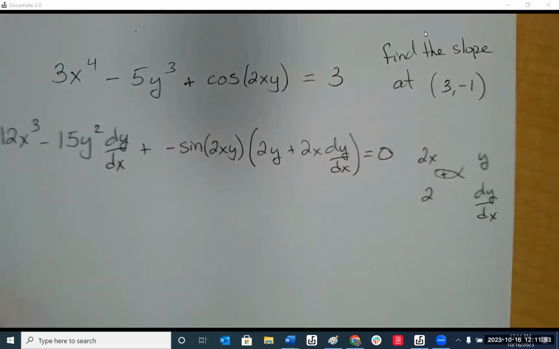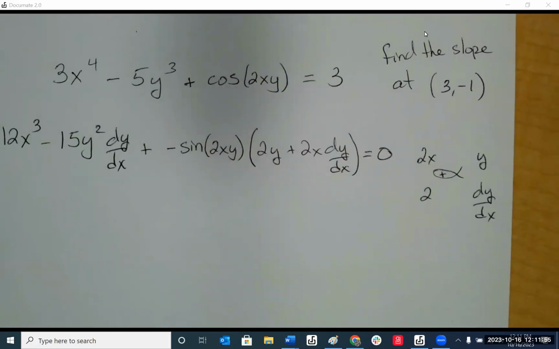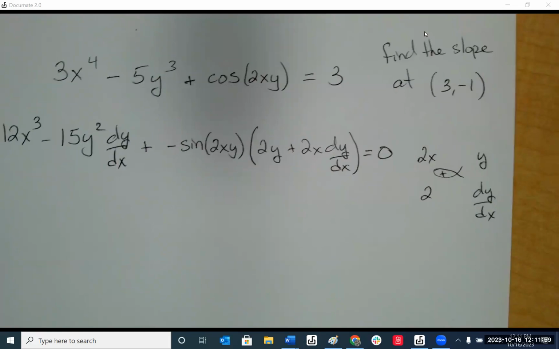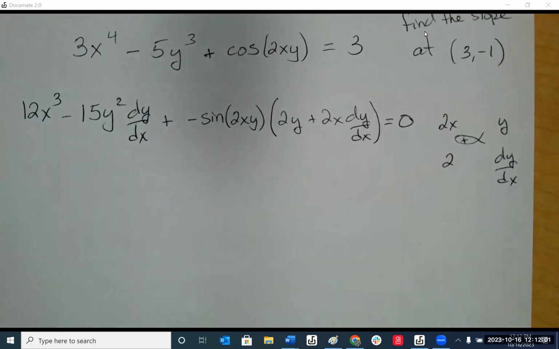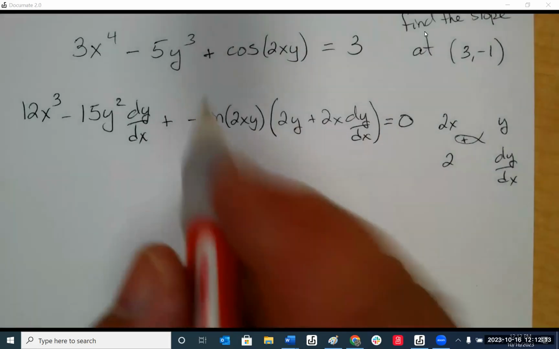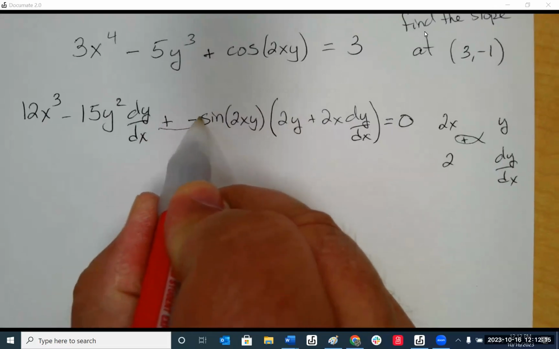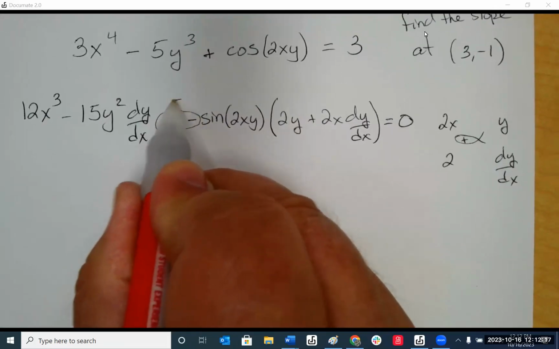Equals 0. Okay, then what do we gotta do? Distribute. Get rid of the parentheses. Well, first off, we have two signs next to each other, so it's gonna be minus.